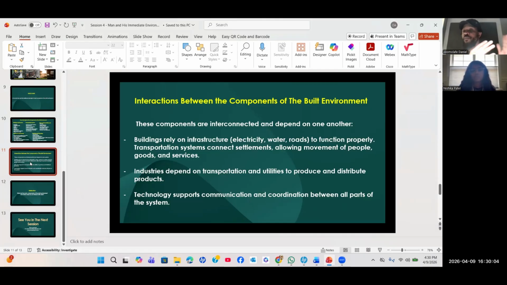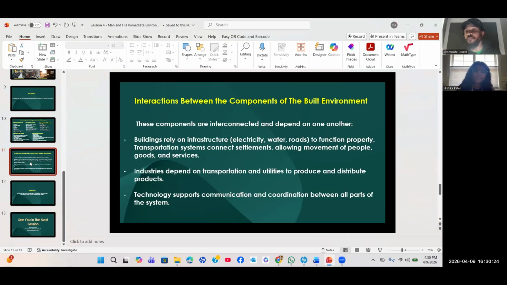Like you said, if you build a house and you do not have any means to get to the house, it's as good as not having a house. So transportation is actually very important for you to move from one location to another. If you build a house and you do not have electricity in the house, it will look as if you are living in isolation.